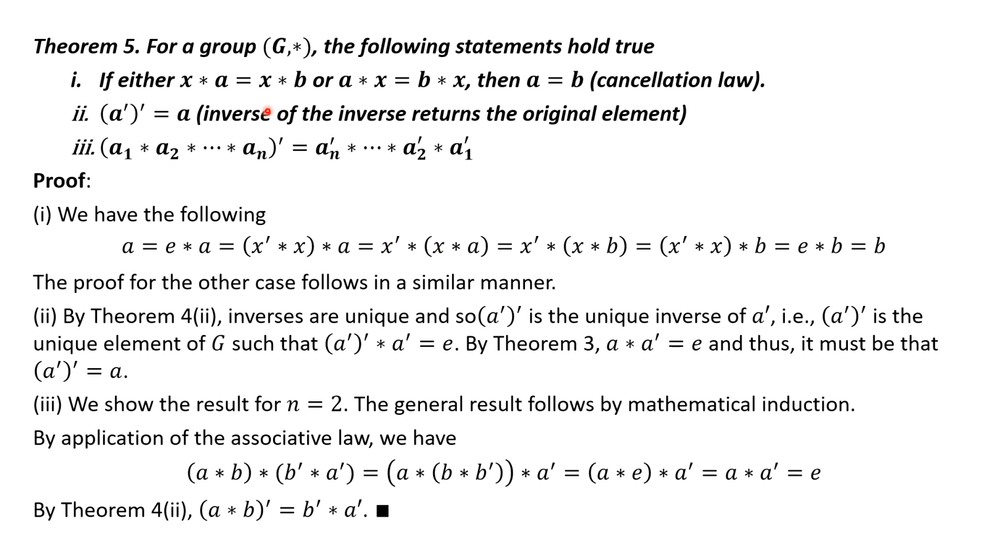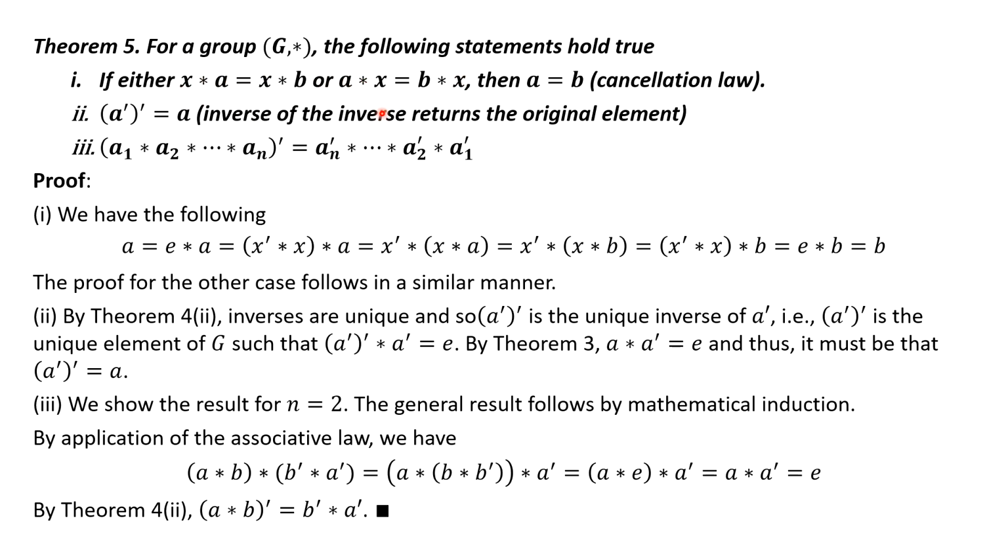And then we're given that X times A equals X times B. So that gets us from here to here. Then we use the associative law again to combine these two together. We have this. Then X inverse times X is the identity, and the identity times B is B. So A equals B in this first case.